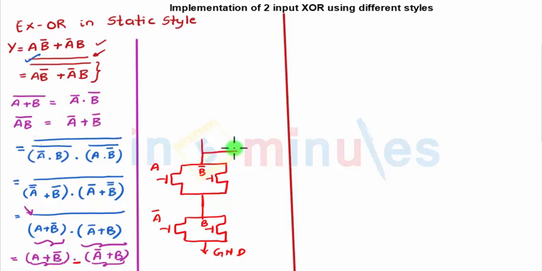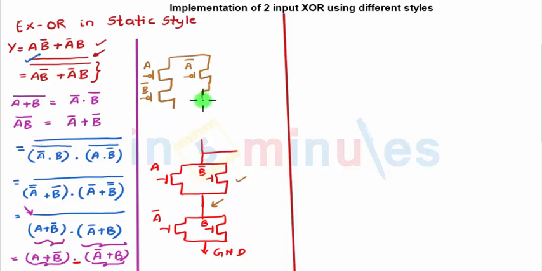The exact opposite to my pull down circuit is going to be my pull up circuit, the exact complement. So let's draw that. Here A is parallel to B bar, so here A and B bar will be in series. It's a PMOS now. A in series with B bar. This entire thing was in series, so now it's in parallel. And here A bar was in parallel to B, so here it will be again series.